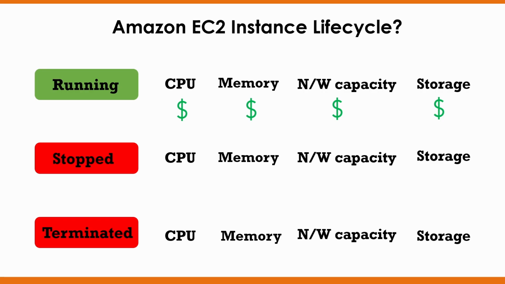If your instance is stopped, like you are not utilizing any resources here, right? So you will not be charged for CPU, memory, or network capacity because your instance is stopped. But you will be charged for storage because the data is stored on the server, right? So you will be charged for the storage.